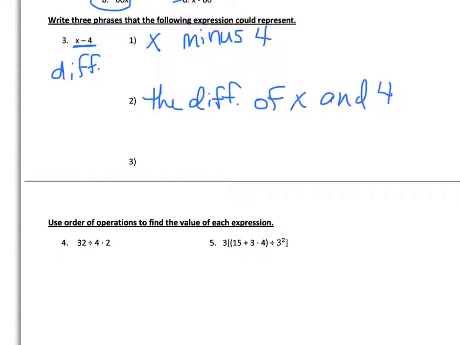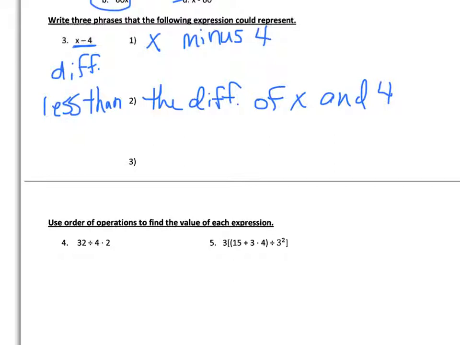So we use minus, we use difference. Let's use less than this time. Less than's the tricky one because less than tells you that you're going to have to use subtraction, but then you're going to have to flip it. So instead of it being the difference of x and 4, or I'm sorry, instead of it being x less than 4, it's going to be the opposite.